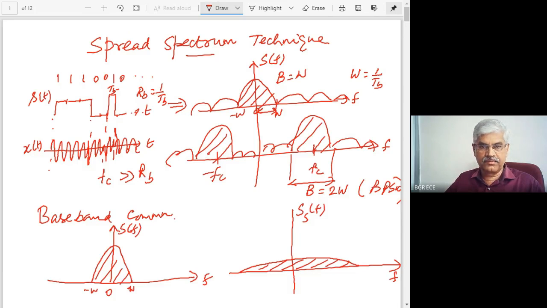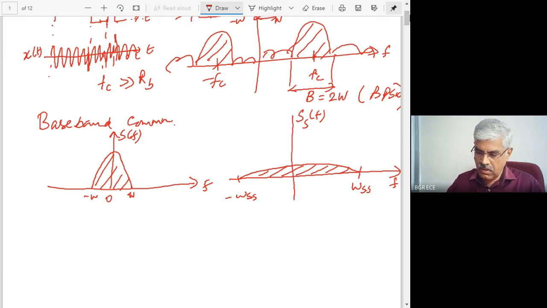The whole energy in this band is dispersed into like this. This is WSS, the spread spectrum bandwidth. This is minus WSS, where WSS is much greater than W.